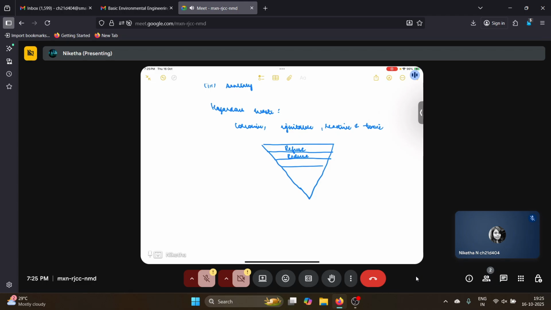The third step is to reuse as much as possible. So instead of dumping it or throwing it away, we can reuse the product as much as we can. And then repurpose. And finally recycle.